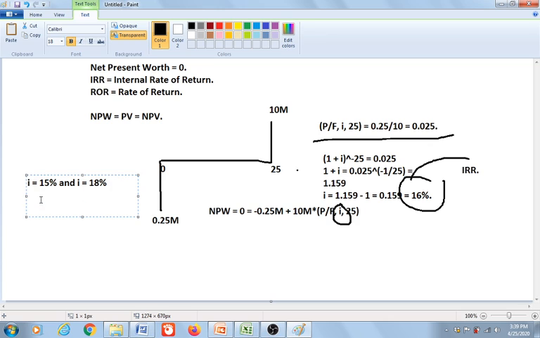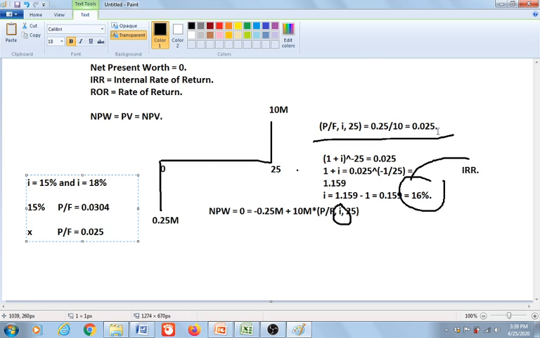We know when I equals 15%, the value of P over F will be 0.0304. The value of I that we are looking for is when P over F equals 0.025.